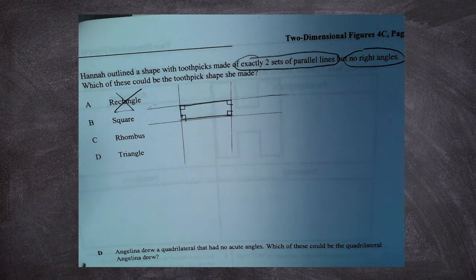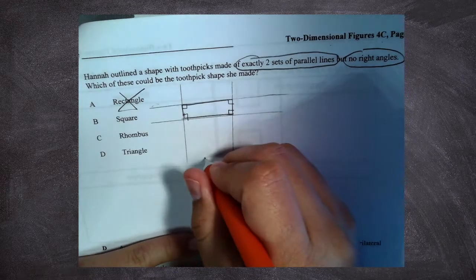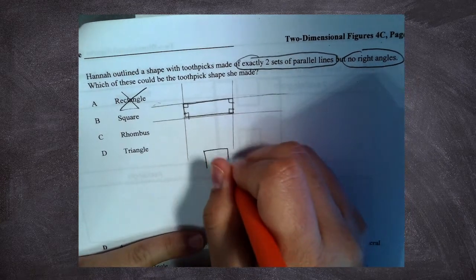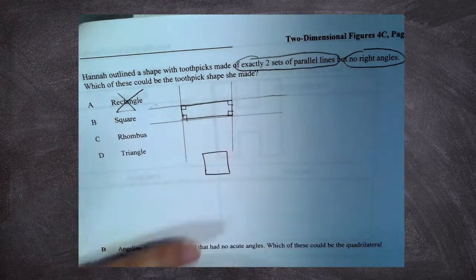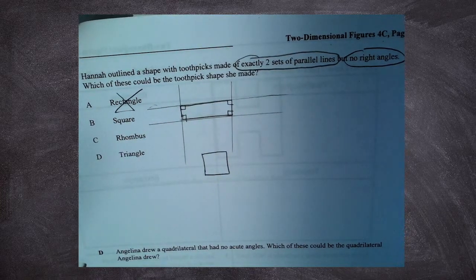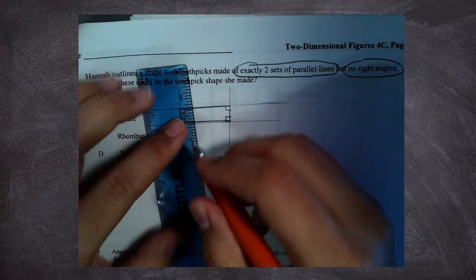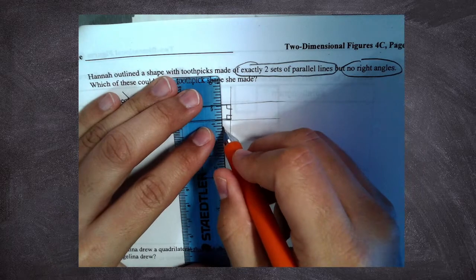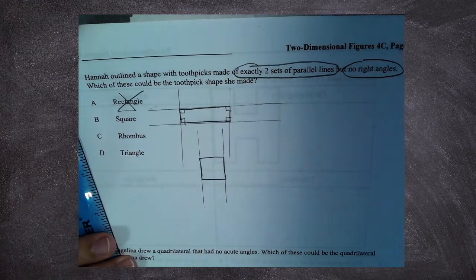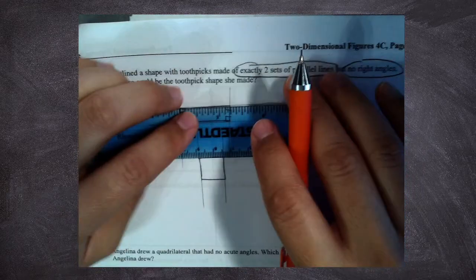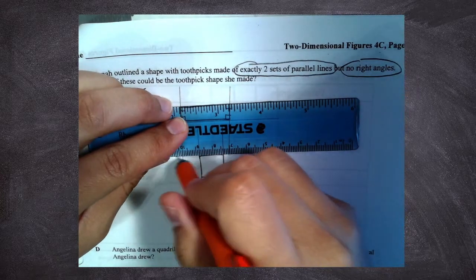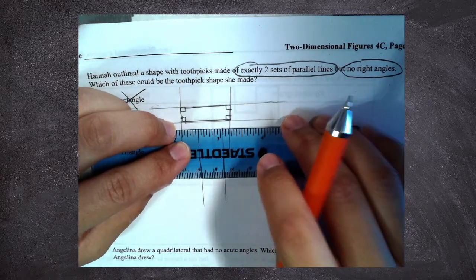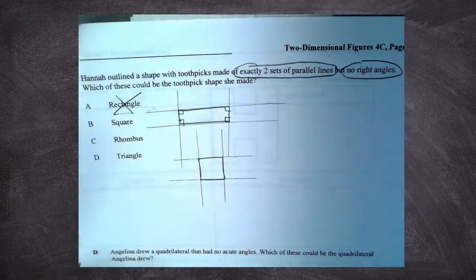B says that maybe it's a square. Okay, maybe it's a square. Let's try. I've got a square. Okay. A square has two pairs of parallel sides. Got the left and the right. Got the top and the bottom.